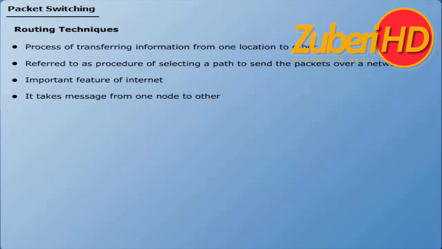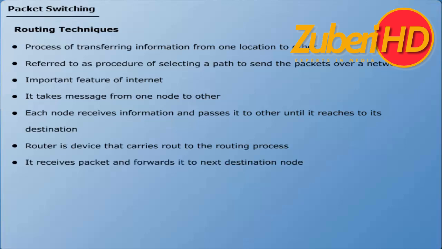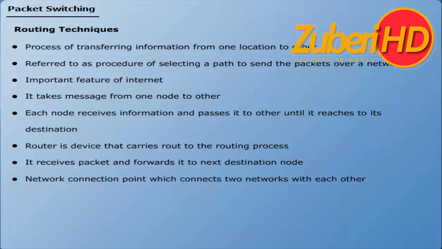Each node receives information and passes it to the other until it reaches its destination. A router is a device that carries route to the routing process. It receives the packet and forwards it to its next destination node. It is located at gateways, the network connection point, which connects two networks with each other.